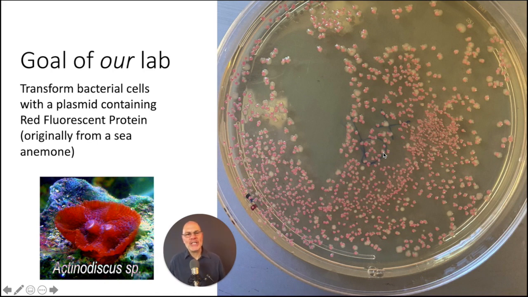They've been forced to take up a plasmid, and that plasmid contains the red fluorescent protein. That's originally a eukaryotic protein found in sea anemone, and so that gene was put into a plasmid. We're going to put that plasmid into bacterial cells. If the lab works, we're going to get it to produce this red color that actually fluoresces under fluorescent light. I'll show you that a little bit later.